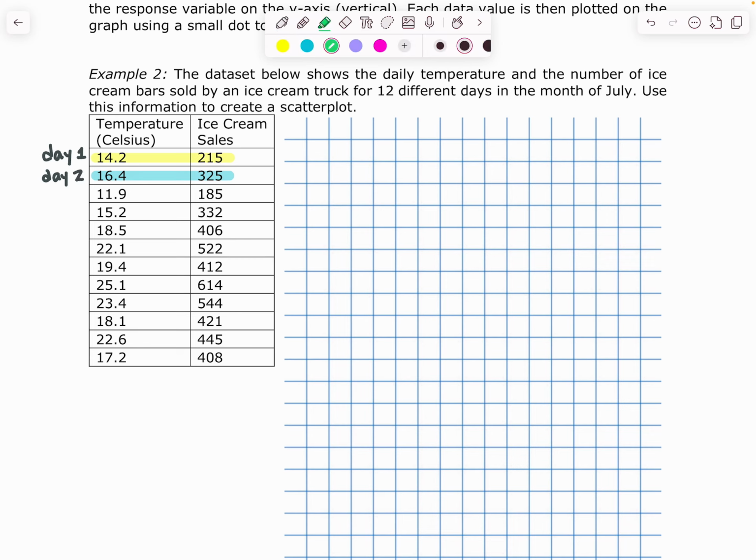And then another day, and another day, and so on. I want to make sure I keep my rows together, because the rows of this table represent the same day that the data was collected on.